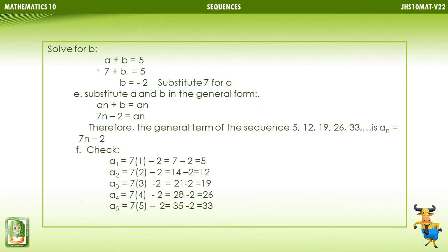Check. a sub 1 equals 7 times 1 minus 2 equals 7 minus 2 equals 5. a sub 2 equals 7 times 2 minus 2 equals 14 minus 2 equals 12. a sub 3 equals 7 times 3 minus 2 equals 21 minus 2 equals 19. a sub 4 equals 7 times 4 minus 2 equals 28 minus 2 equals 26. a sub 5 equals 7 times 5 minus 2 equals 35 minus 2 equals 33.